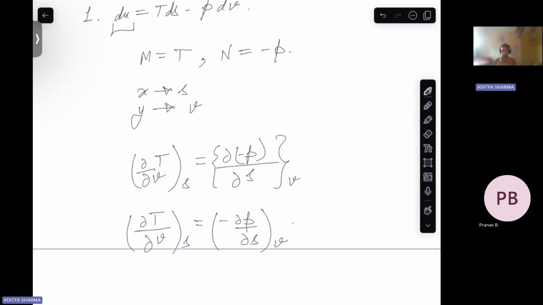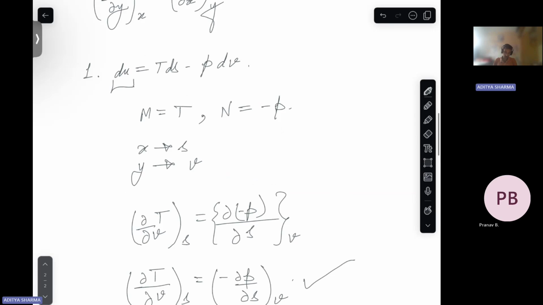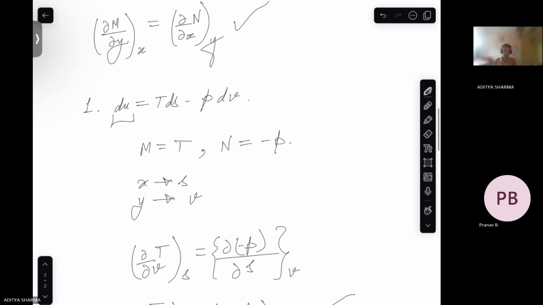So this is our first Maxwell relation, and this is based on a TDS equation.